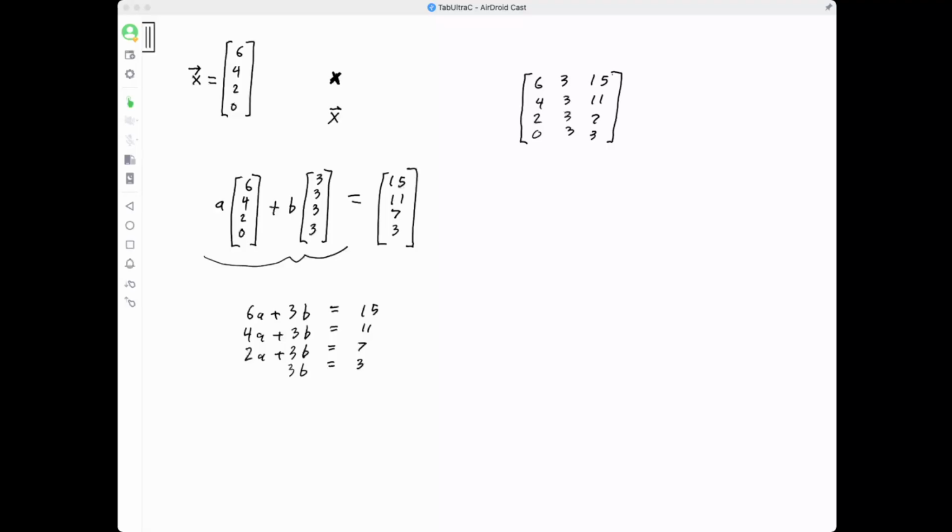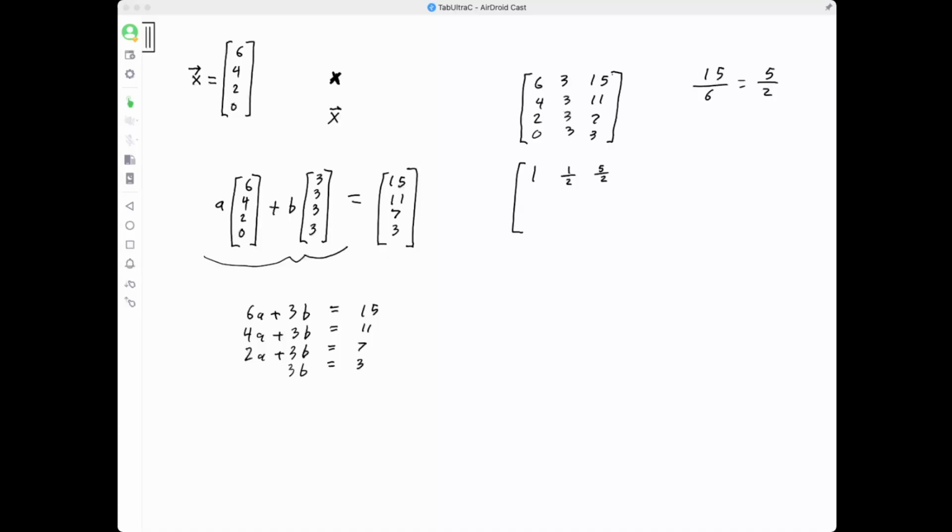So to do that, let's scale the first row by 1/6. When I scale the first row by 1/6, I'm replacing row 1 by 1/6 of row 1, which is 1, 1/2, and 15/6. But 15/6 is, well, divide top and bottom by 3, and I get 5/2.